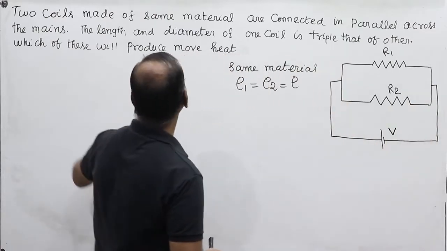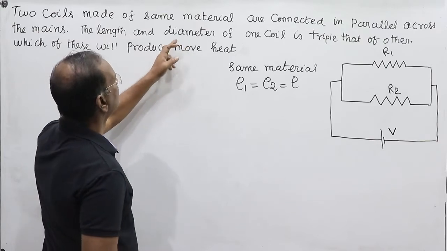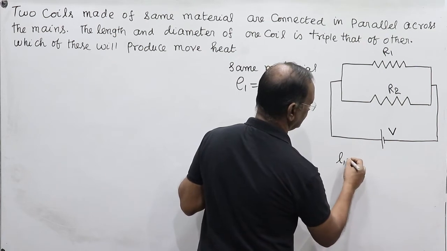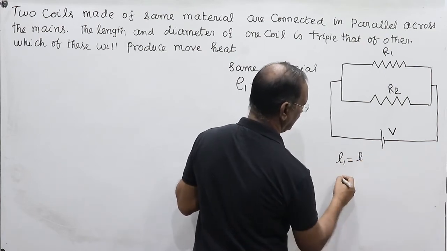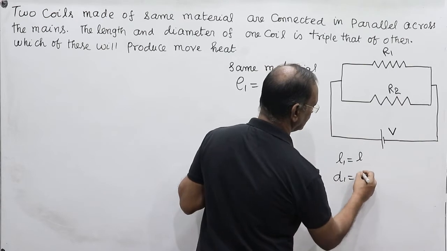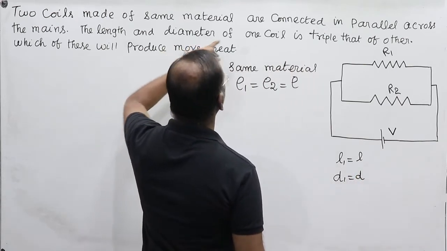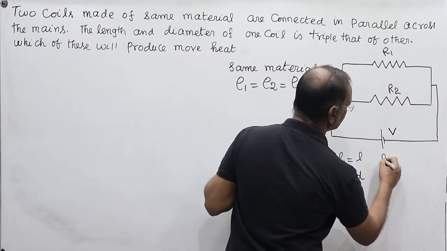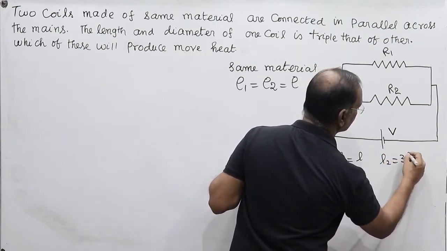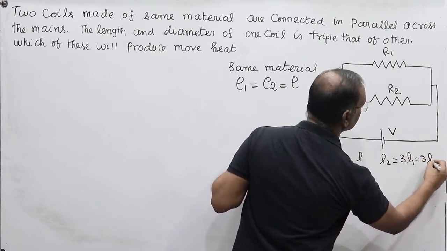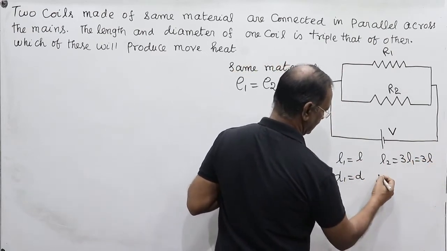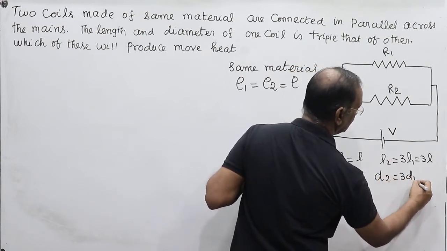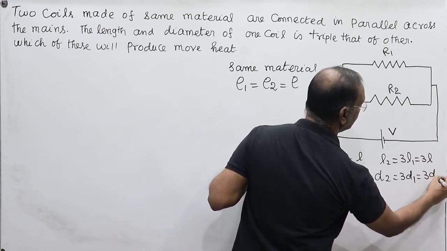The length and diameter of coil number 1 are L1 and D1, and the length and diameter of the other coil are triple that, that is L2 is equal to 3 times L1 is equal to 3L, because L1 is equal to L, and D2 is equal to 3 times D1 is equal to 3D.